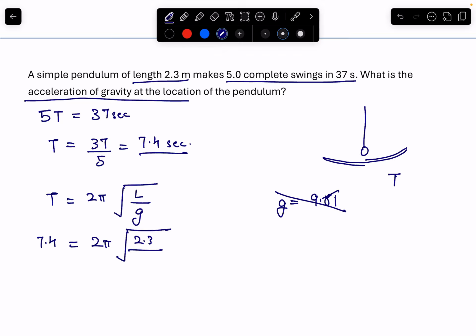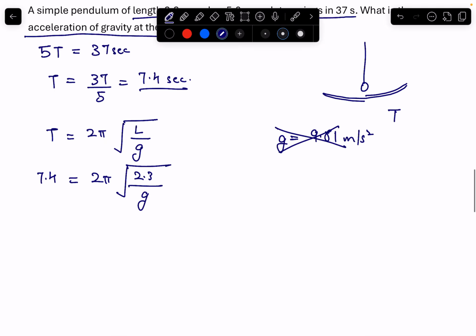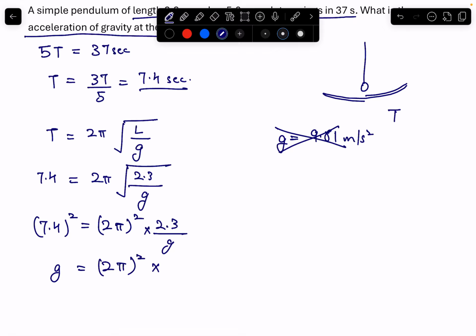This is not right because we don't know the acceleration due to gravity. Alright, squaring both sides, moving g to the other side, and moving 7.4 squared to the other side.